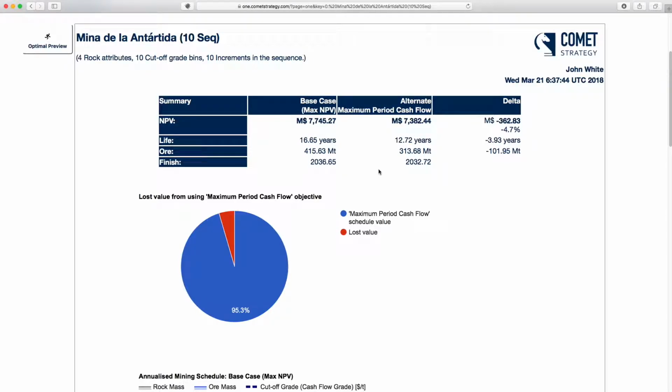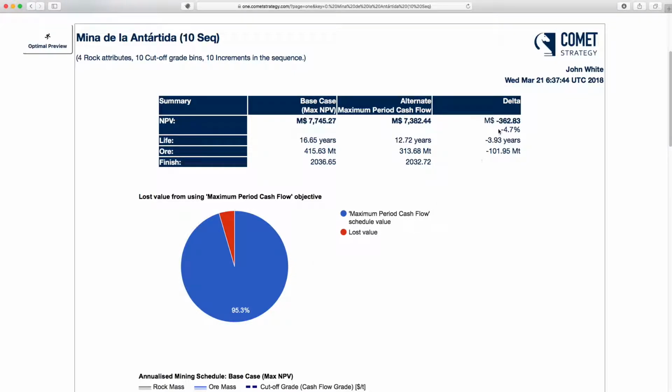Now, of these numbers, the most important number is the net present value. So we've plotted it in this pie chart, and you can see we've lost nearly 5% of the value here. So look, 5% might not seem like a lot of value, but when you're trying to squeeze out another couple of percent of value, 5% is quite a lot.